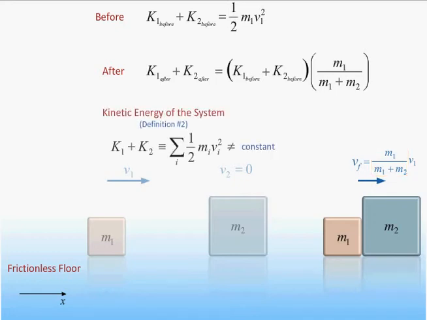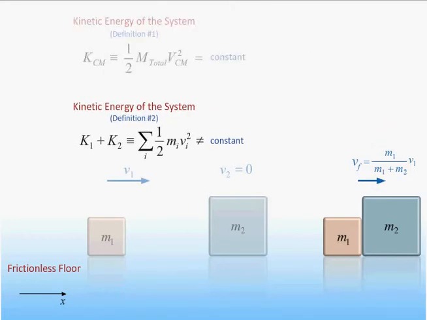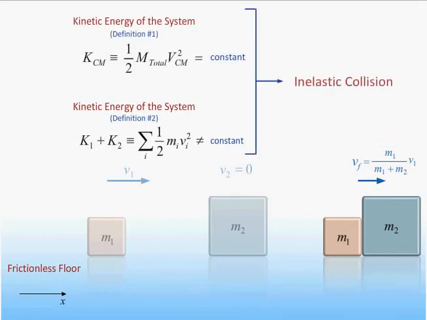In other words, the kinetic energy of the system, defined as the sum of the kinetic energies of the boxes, was not conserved in this collision. We call this kind of a collision inelastic. On the next slide, we will take a look at how this energy is lost.